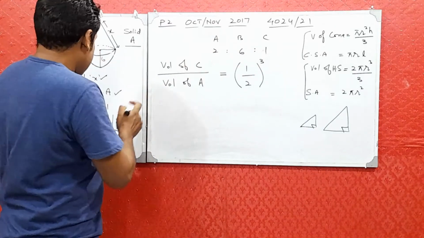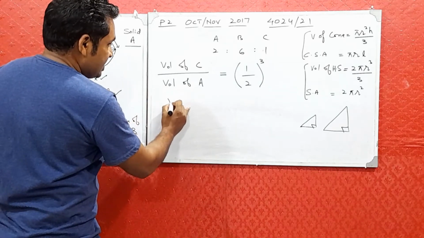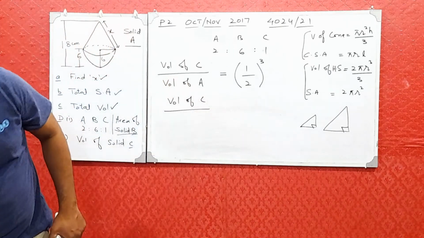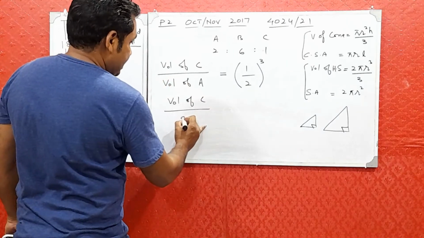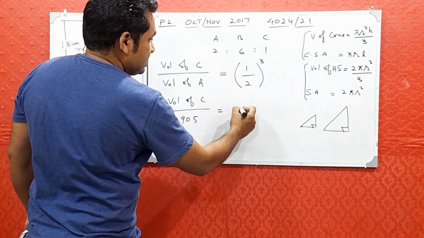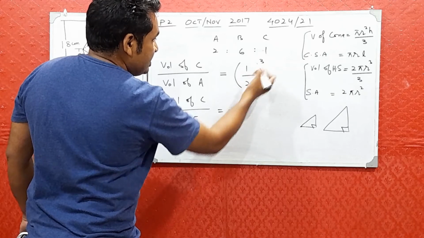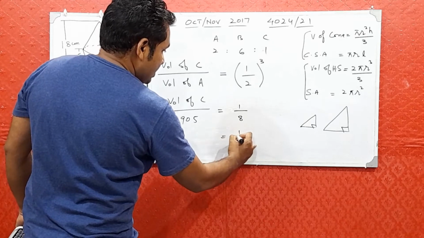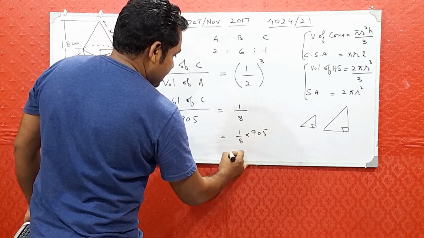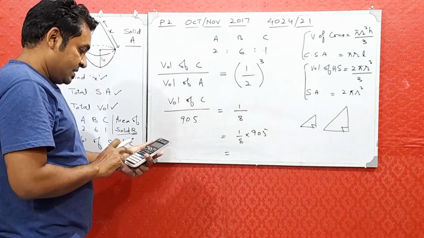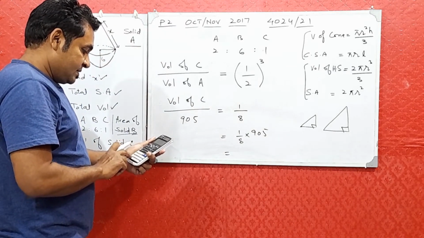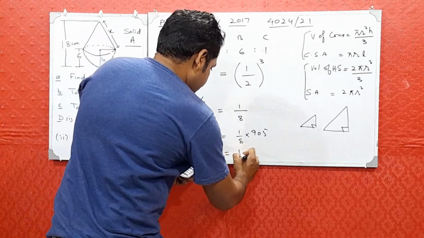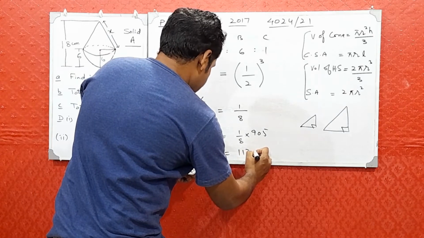Now the volume of A you have found in part C, so that value you are going to substitute here: volume of C over volume of A. The volume of A was 905, equals, 1 cubed means 1 and 2 cubed means 8. So 1 over 8 multiplied by 905, and when 905 is divided by 8, we get 113.125.